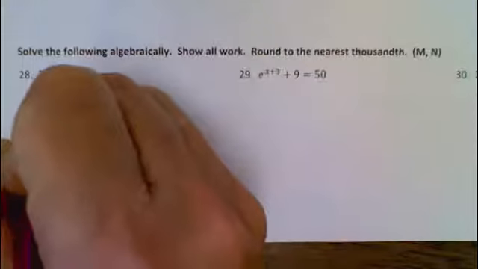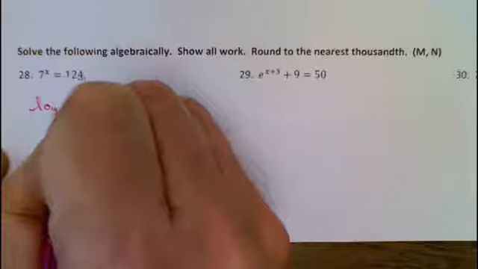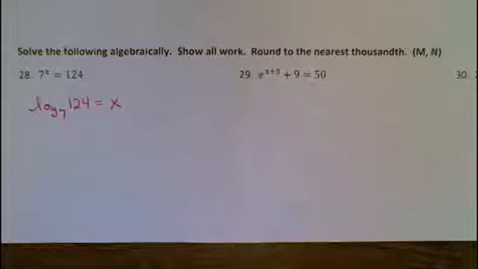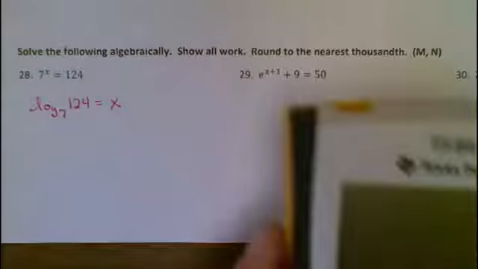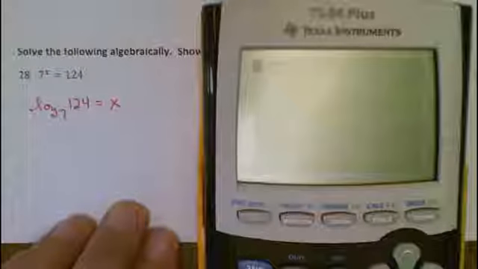So you're going to go log base 7 of 124 equals your exponent. So log base 7 of 124 equals x. Remember, to put this in your calculator, we have to use change of base.